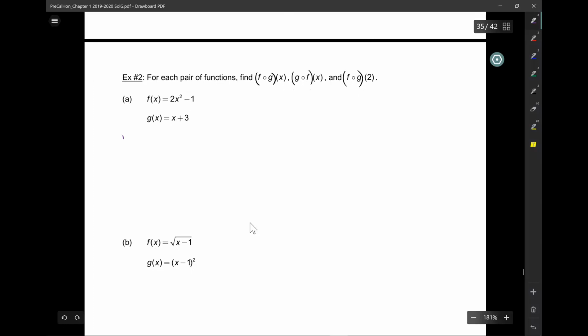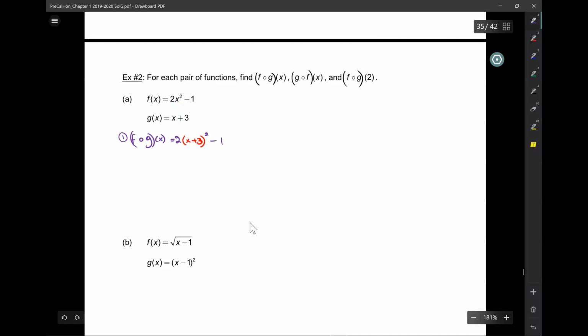If I want to find f of g of x, I have to put g into f of x. That means wherever I see an x in f of x, I need to put in the entire g of x function. So this is going to be 2 times x, now x is going to be g of x, so 2 times (x plus 3) squared minus 1.